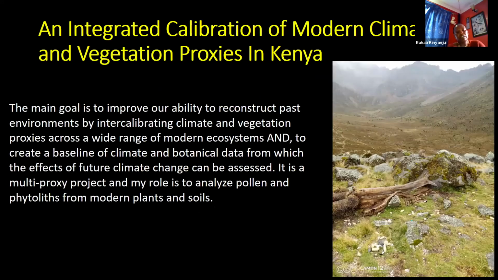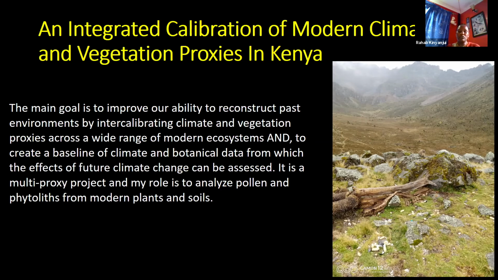The first, which is very important, is integrated calibration of modern climate and vegetation proxies in Kenya. It's a project where we have already started collecting data sets of different proxies like phytoliths, biomarkers, pollen, soil carbon, though not from all the sites we thought we could.